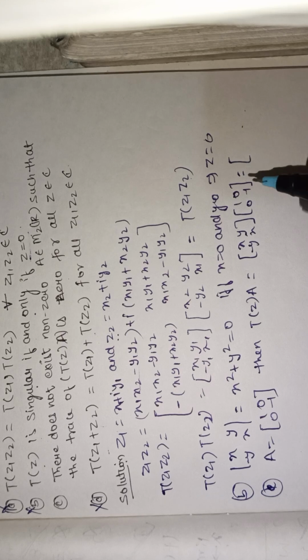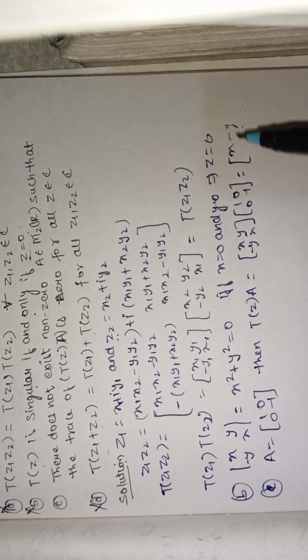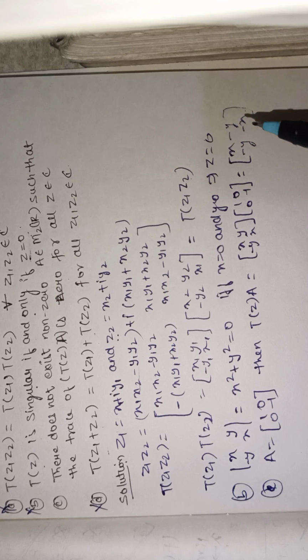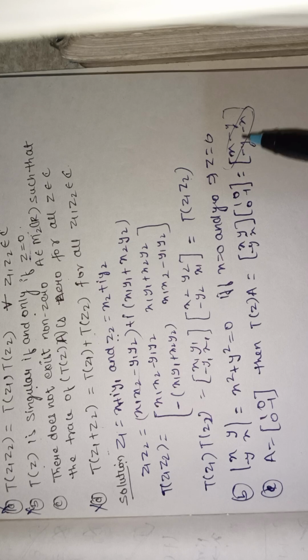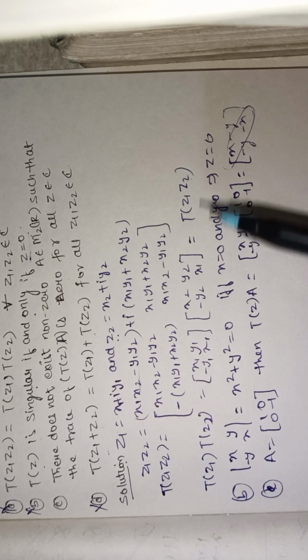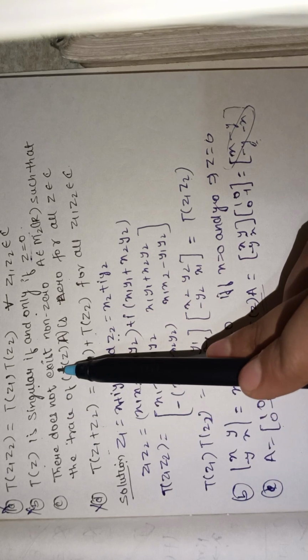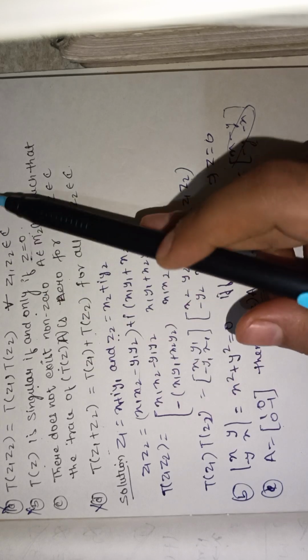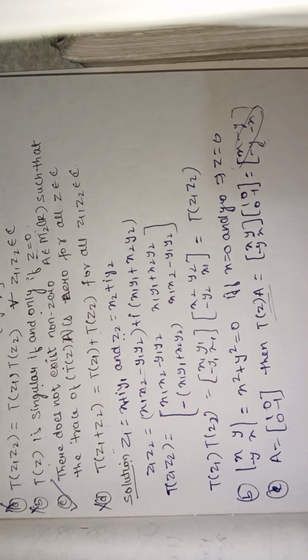If we multiply both, we get x, minus y, minus y, and minus x. What is the trace? The sum of all the diagonal entries. Here we see the diagonal entry sum is 0, so we get an A for which the trace of T(z) A is equal to 0. So the statement that there does not exist such an A is false. We have to find a false option, so option C is the answer. So this is the solution of this question.